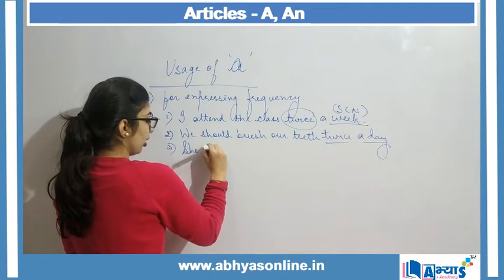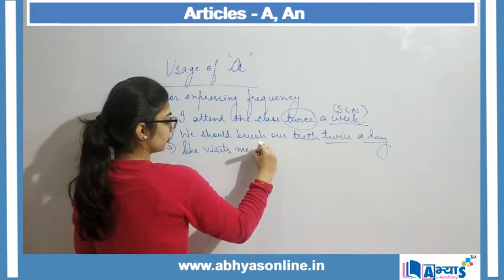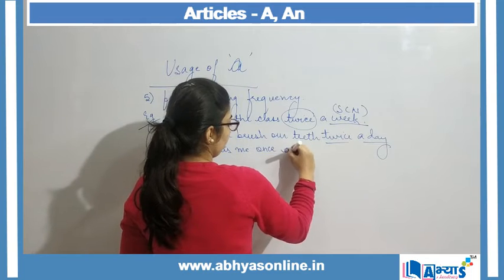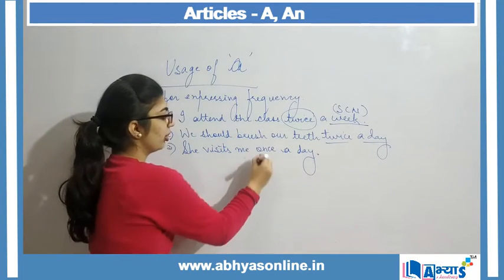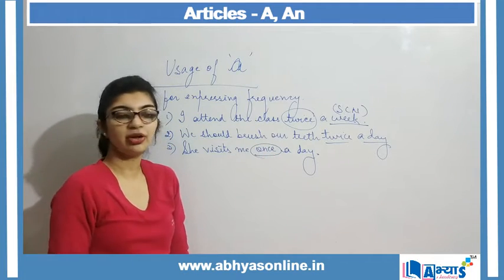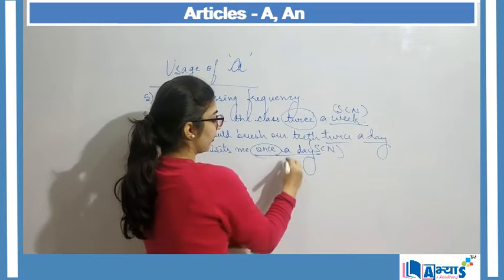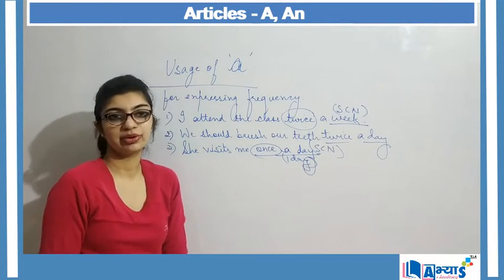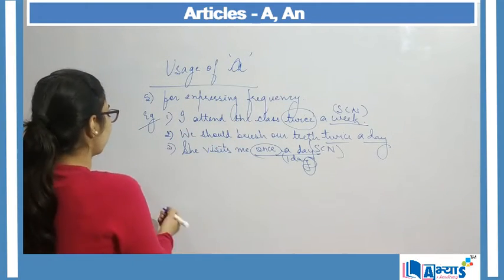She visits me once a day. Again, once over here represents the frequency and a day is again a singular countable noun because one day and a day are the same, right? So this is for expression of frequency.